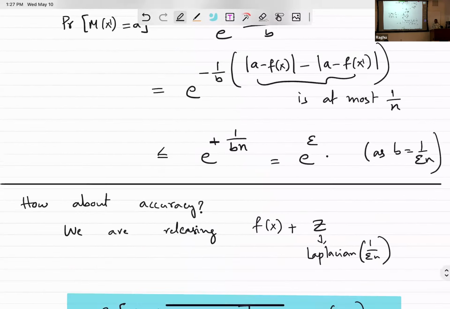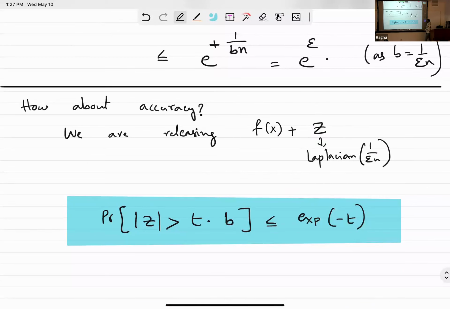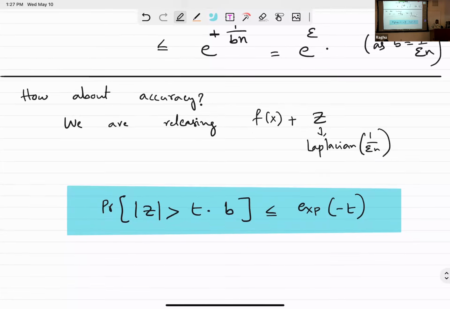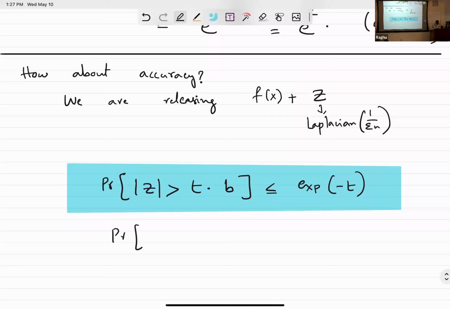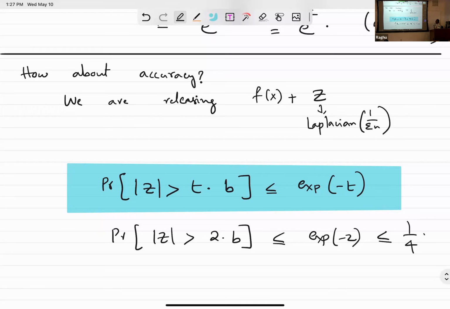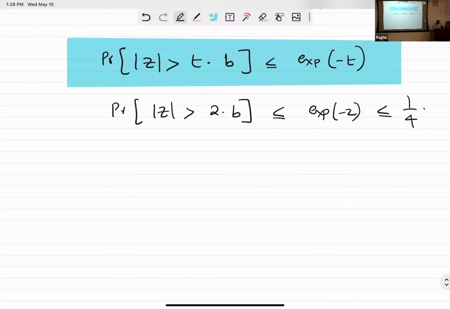If you do the integration, you can show that the chance that I take a value more than t times b is exponential in minus t. So in particular, the probability that it's more than 2 times b is at most e to the minus 2, which is less than 1/4.